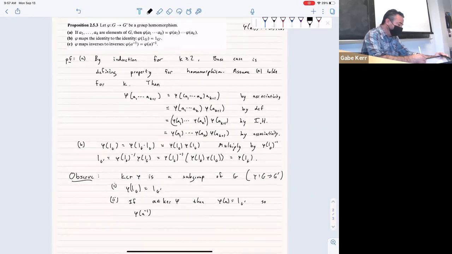Part C says phi of A inverse is equal to phi of A inverse. Phi of A is 1 sub G prime, and the inverse of the identity is the identity. So A inverse is also in the kernel.